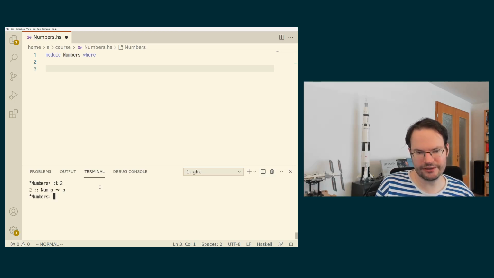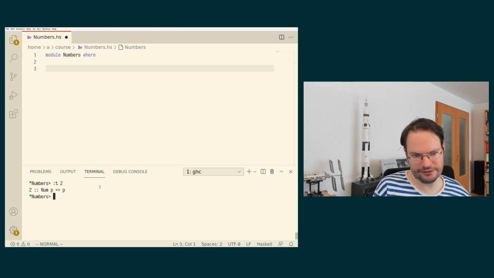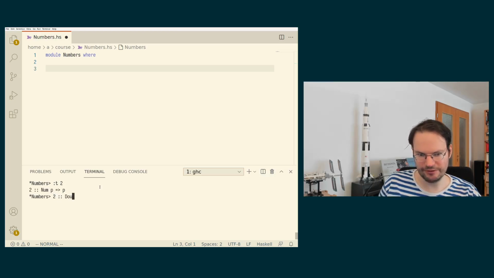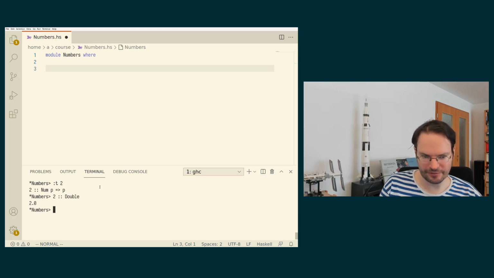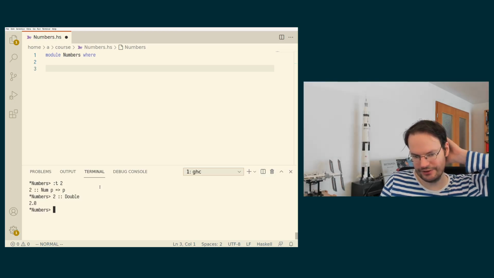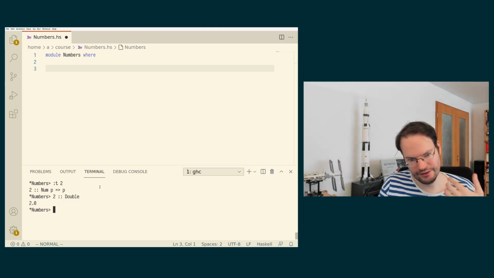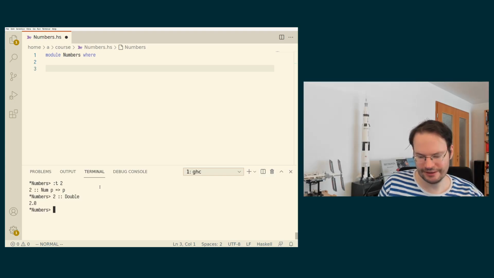So it's the context in which we use something which affects what type this is actually going to be. This means that we can use a literal like 2 in a context where we expect a Double, and then we get a floating point number. And we can see also that the show instance for Double is always printing a dot and a 0, even if we have something that happens to be falling into the integral subset of the doubles.